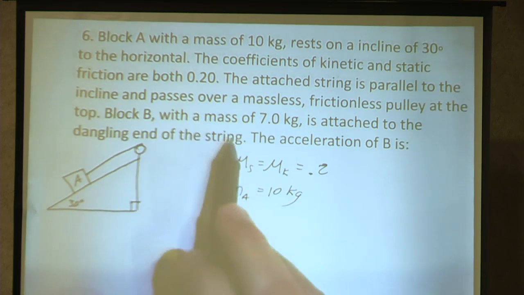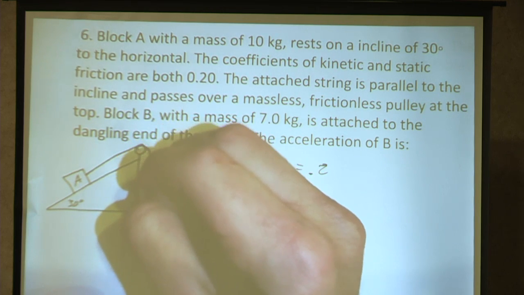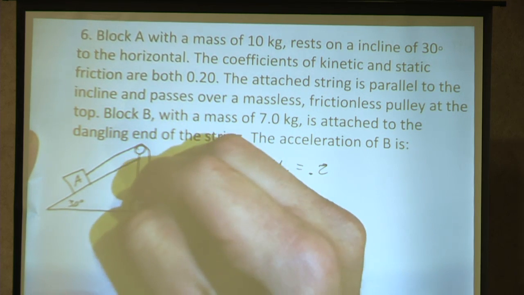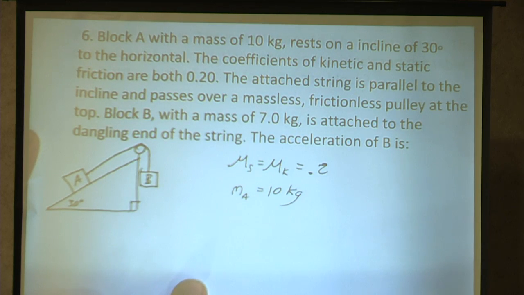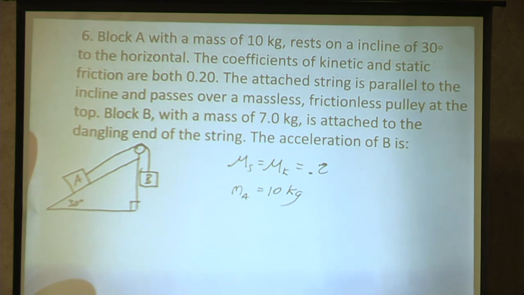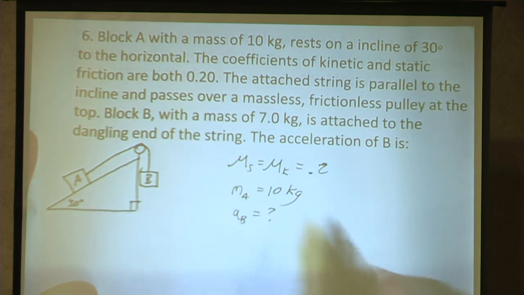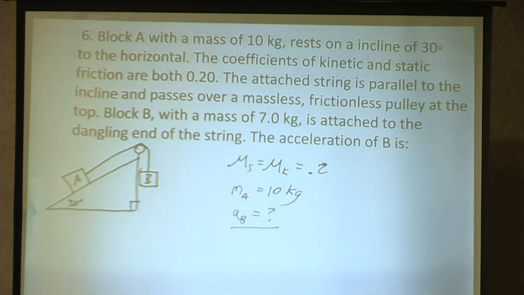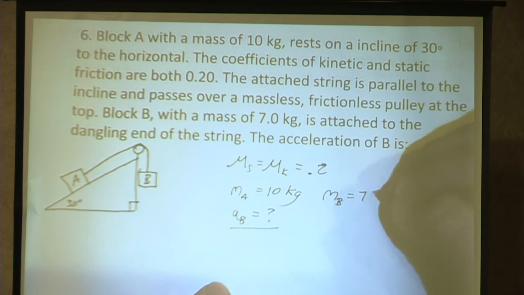Block B, with a mass of 7 kilograms, is attached to the dangling end of the string. We're going to assume it goes around this corner like this, and that's mass B. Is that drawing okay? Do I need to redraw it bigger? Okay. We're looking for the acceleration of B. I'm also going to write down the mass of B, just so we have that on there.